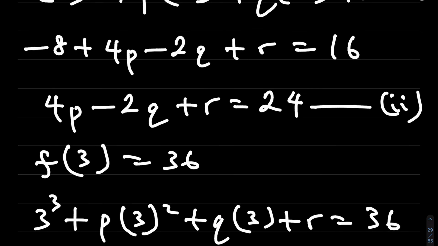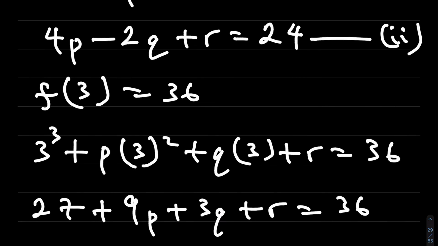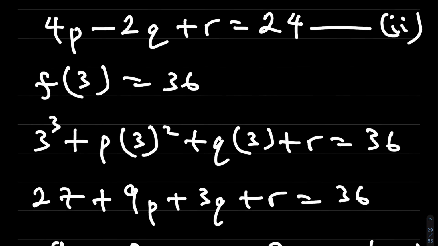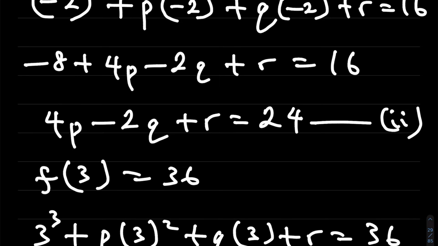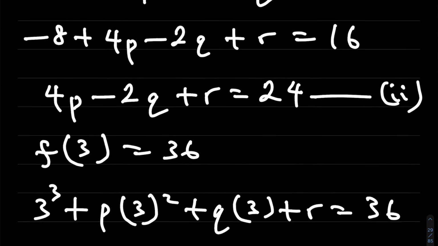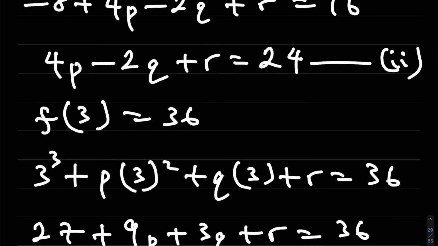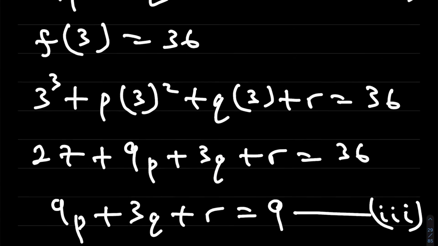Now we want to find a way to solve the equations for the values of p, q, and r. Let me subtract equation 2 from 1 so that I'll get another equation in terms of p and q. Equation 1 is p plus q plus r equals minus 15, and equation 2 is 4p minus 2q plus r equals 24.